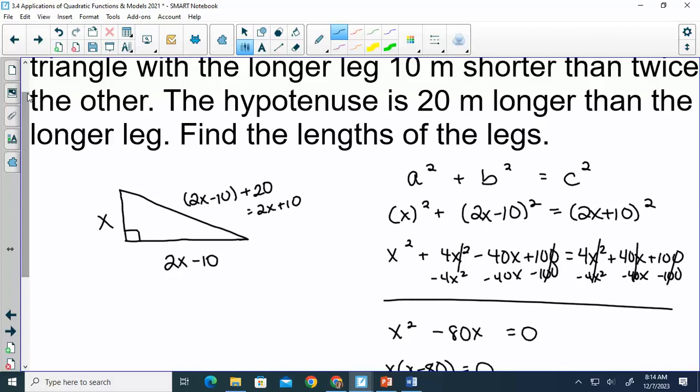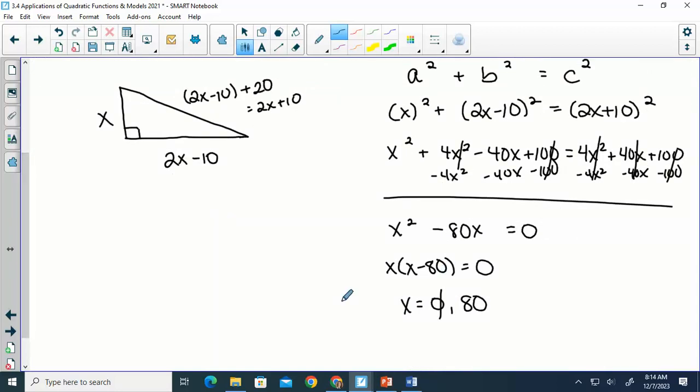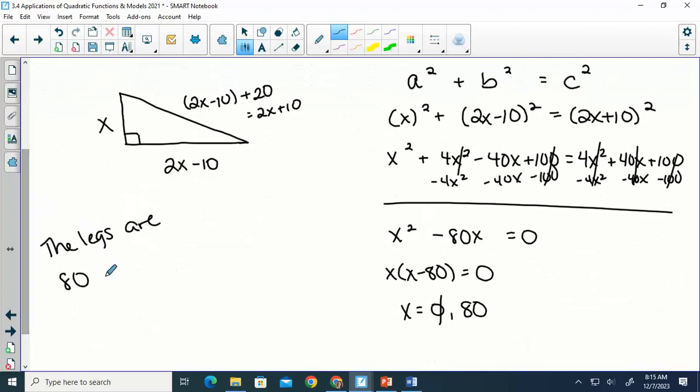Can x be 0 in this? No, we can't draw a triangle with a leg of 0. So we can throw that answer out. So the legs are, we could have 80, and we were in meters. The other leg, 2 times 80 minus 10, will be 150 meters.